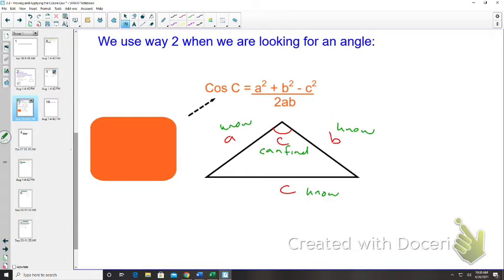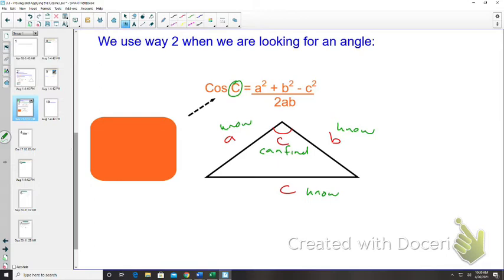Okay, but like last time, there was one more step that we had to do to actually find the value of C. How do we get C by itself here? Divided by what? Divided by itself? So you want me to divide by cos C? Oh wait, no, that doesn't make any sense.